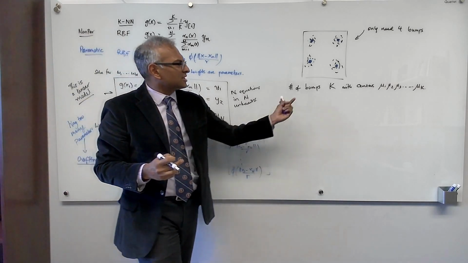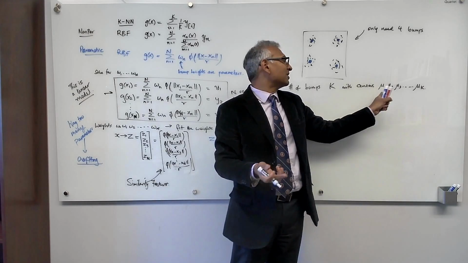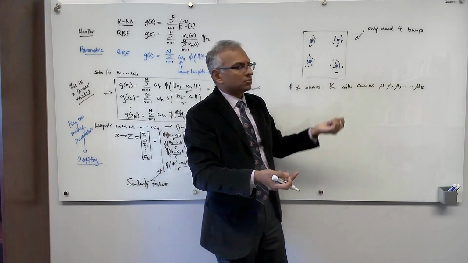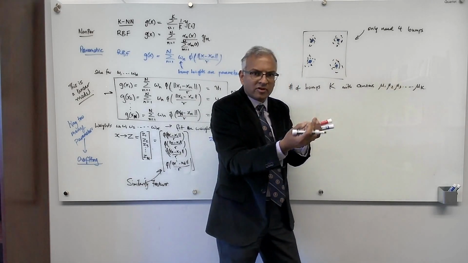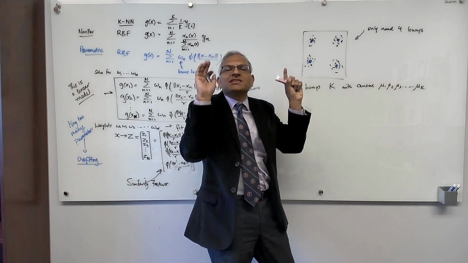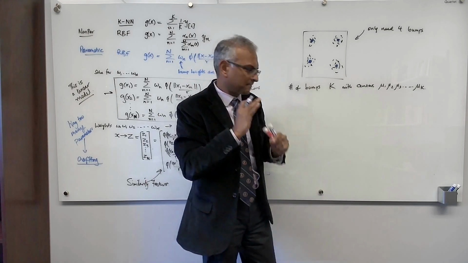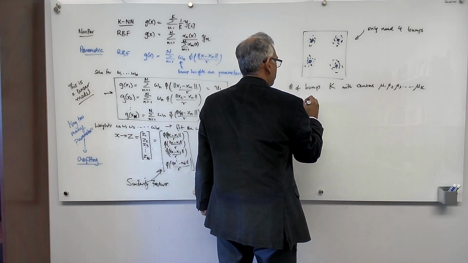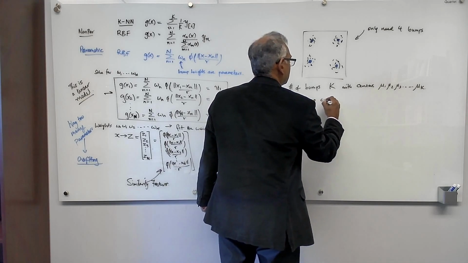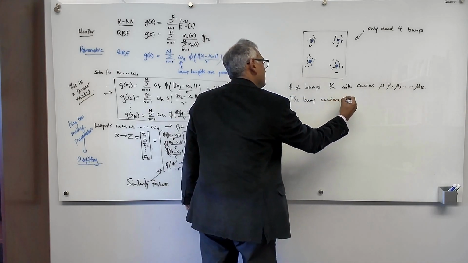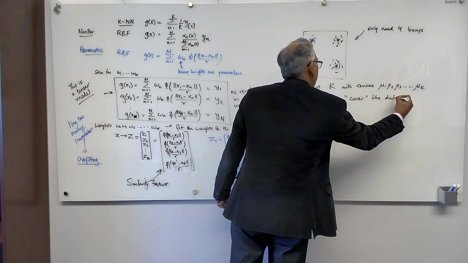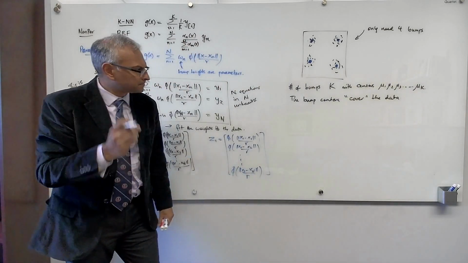Now I'm allowing the centers of the bumps, well, they might be data points, but they don't have to be. Generically speaking, we allow the bump centers to move around so that they can represent the data well. So the bump centers in some sense cover the data.